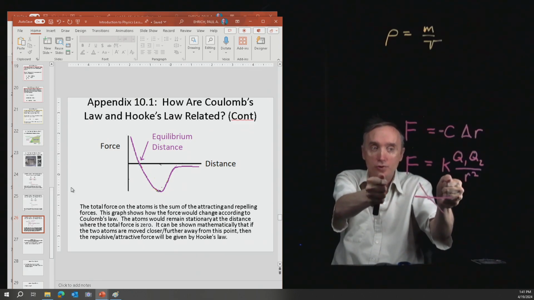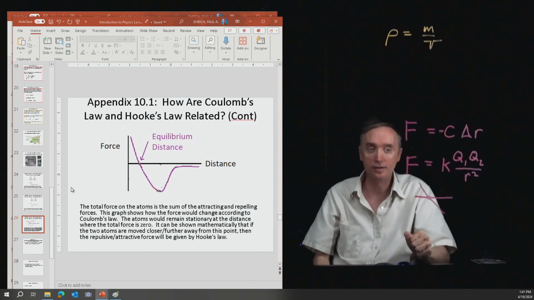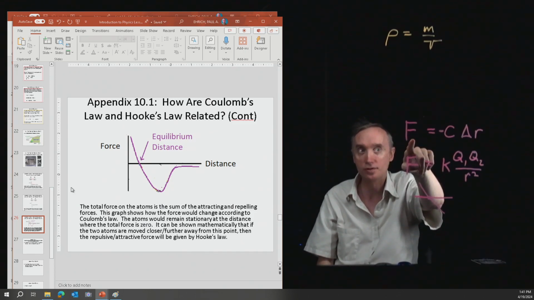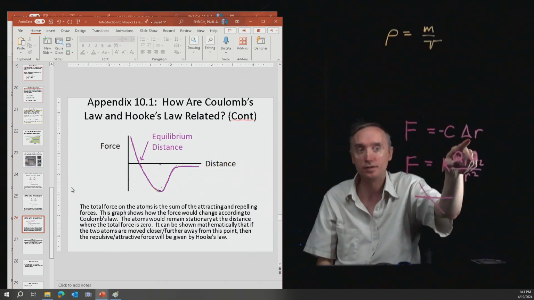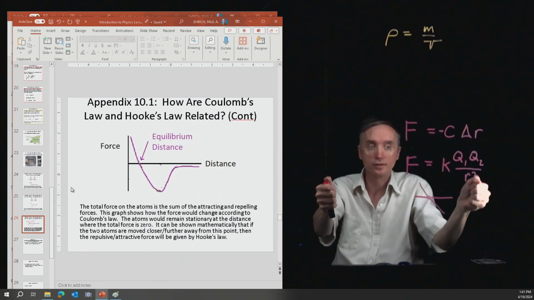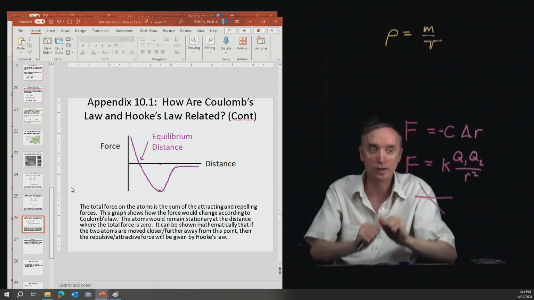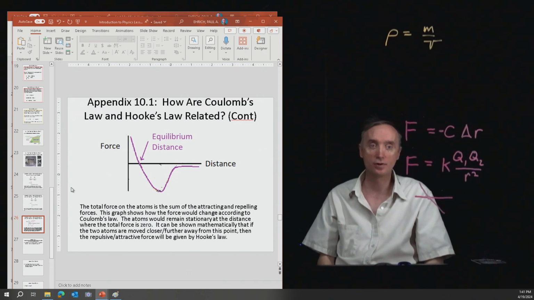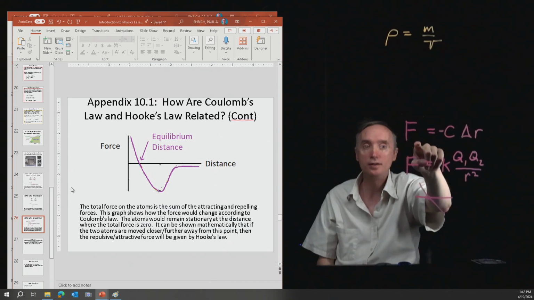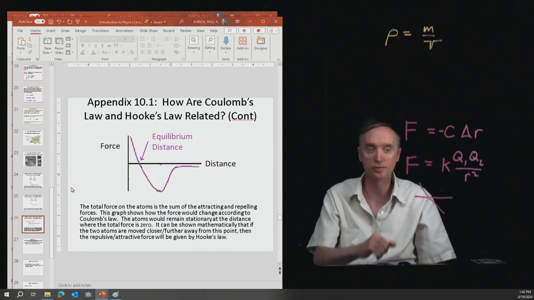Now, if you try to push them together, then you're going to have a force that's going to be repulsive, and it's going to depend on the distance. If you try to pull them apart, then there's going to be a force on it trying to push them back together again. So we can actually derive this equation right here through the use of Coulomb's law.